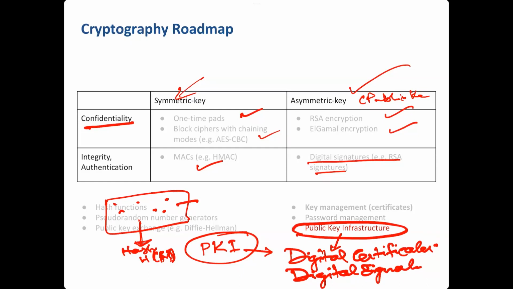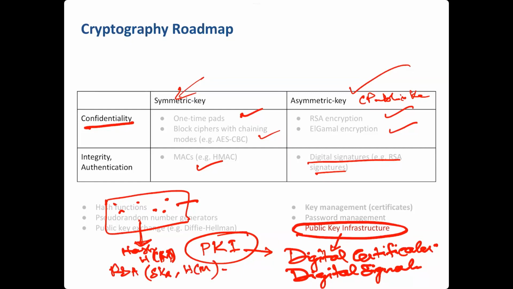Then you use public key encryption, say RSA, using the private key SK of whoever, say Alice, on this content H of M. This becomes a signature.